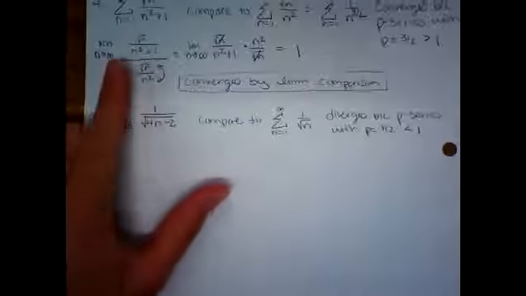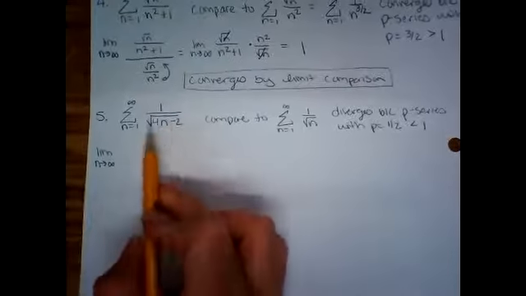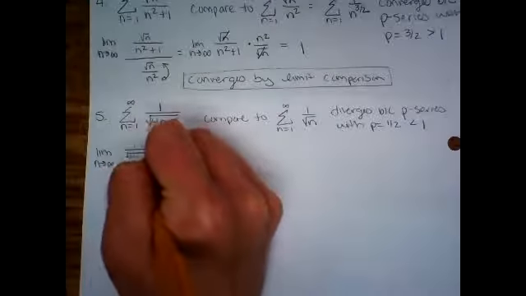And you do that by showing this limit, which again is going to look like a disaster. So just buckle up. Limit as n goes to infinity. It doesn't matter which one you put on the top and which one you put on the bottom. I usually put the actual problem on the top and then over the one I compared it to.